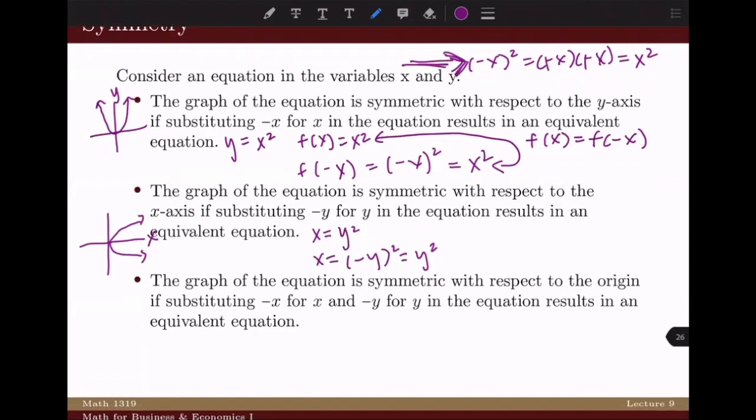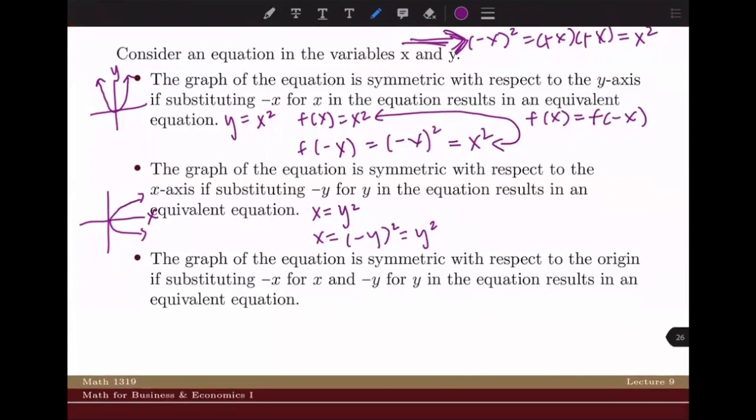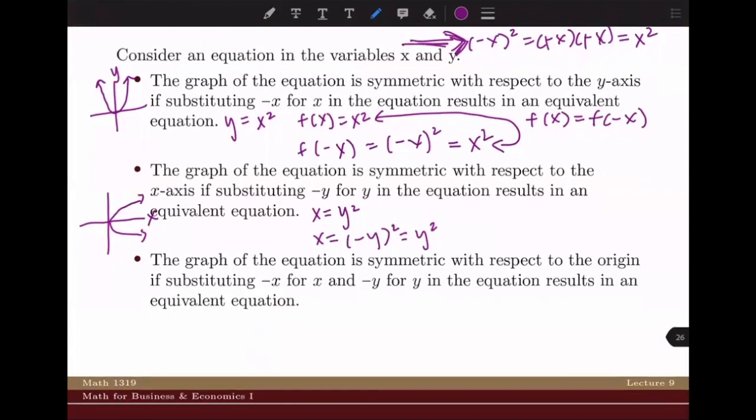All right, and last, the graph of an equation is symmetric with respect to the origin if substituting negative x for x and negative y for y in the equation results in an equivalent equation. So I'm going to use the equation of a circle.